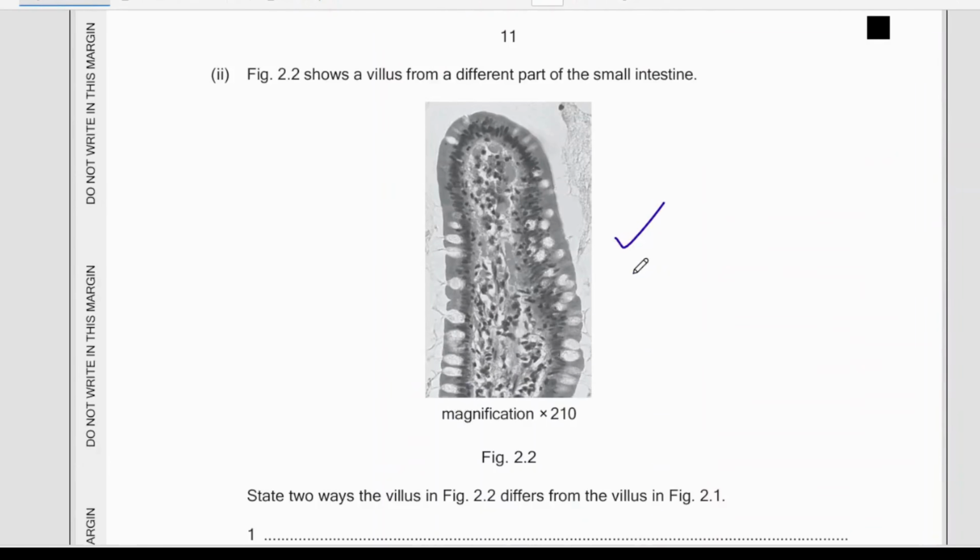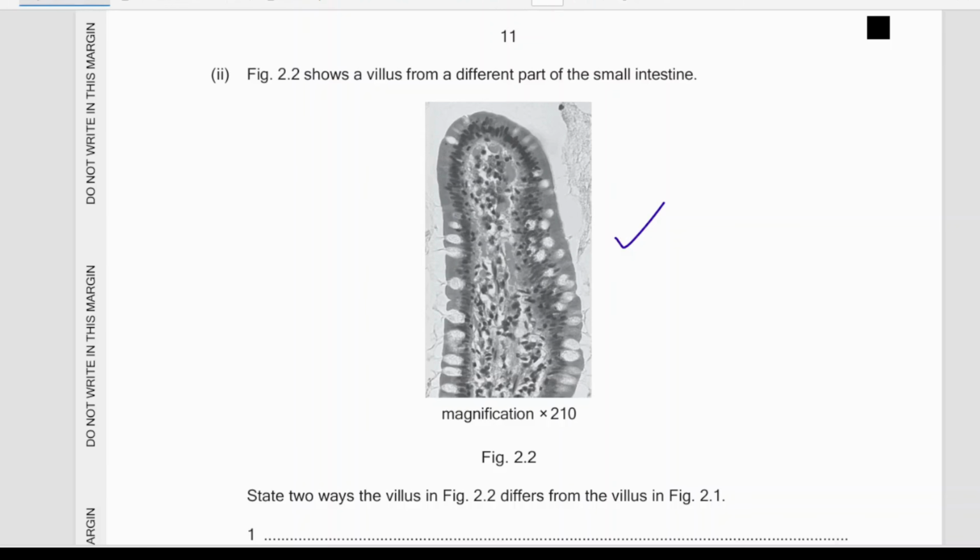Okay. So, are you talking about the microvilli or what? Which has a smaller surface area? 2.2. And the shape of 2.1 is rounded or pointed? 2.1 has more gaps, while 2.2 is more smooth.